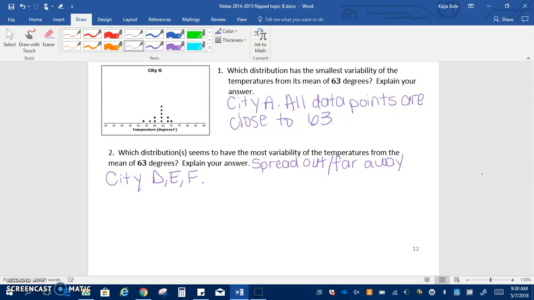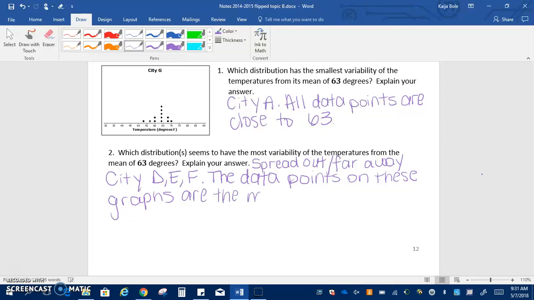So for number 2, we would say city D, E, and F. And we would say that the data points on these graphs are the most spread out and farthest away from the mean.